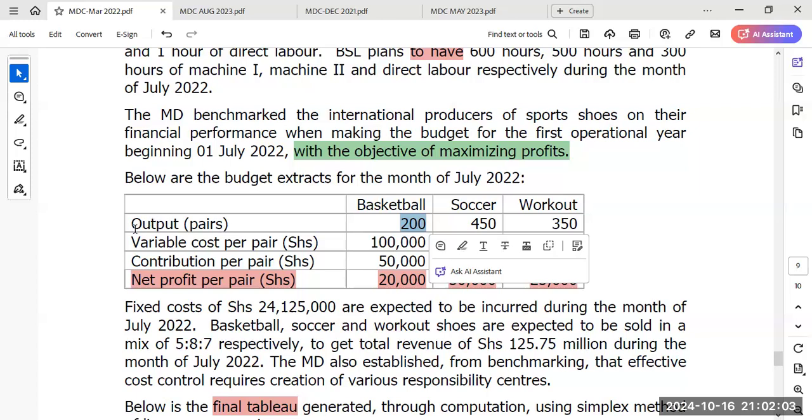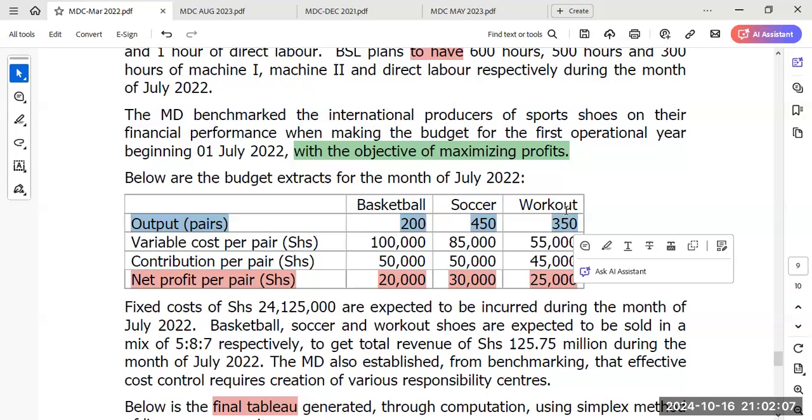It means that you cannot rely on this. For you to see whether you have achieved the objective, we want to see, using the Simplex method, how many pairs we can actually produce. So as you state your objective function, it must be based on per unit.